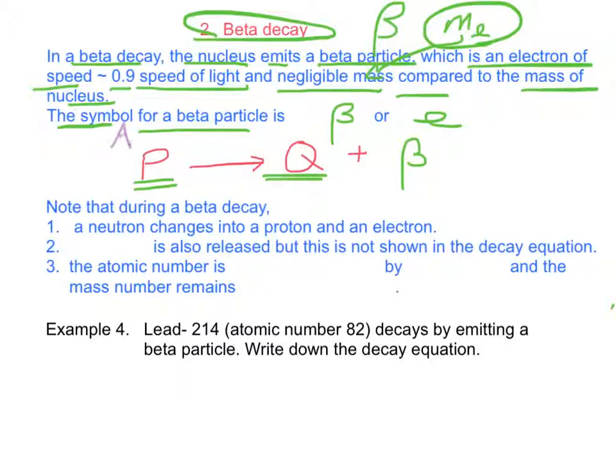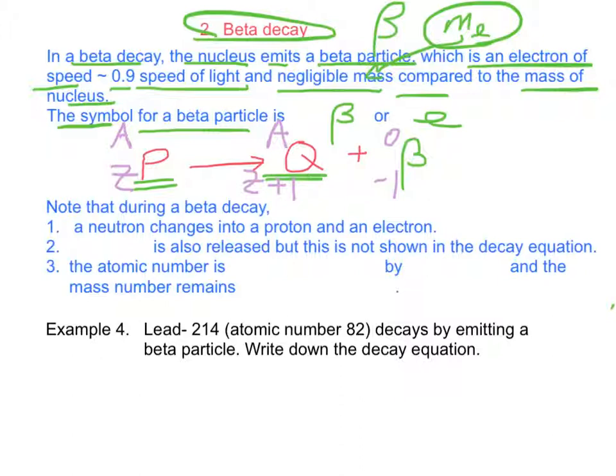If A and Z are the mass number and atomic number of P, since for a beta particle the mass number is 0 and the atomic number is -1, to balance the equation, the mass number of Q will be equal to A, and the atomic number of Q will be equal to Z plus 1.